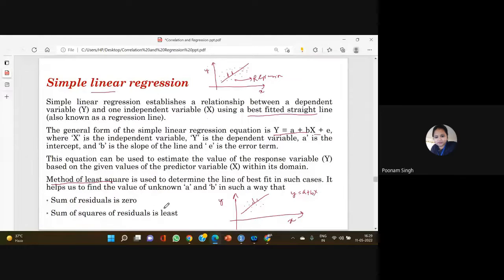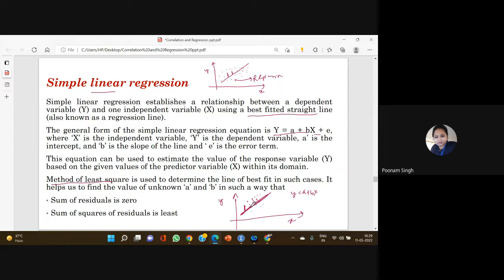And what the method of least squares does is it minimizes the vertical distance between the observations and the regression line. This is your regression line, and this method minimizes this vertical distance, which is also called the error term. This vertical distance, or the difference between the observations, these are your observations, okay?